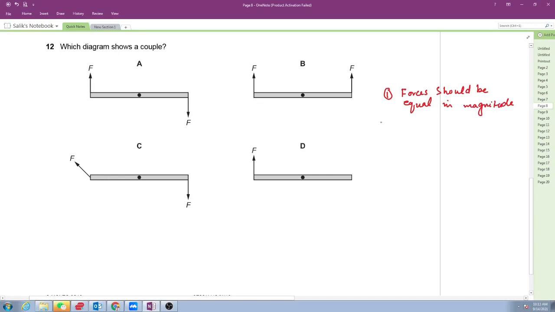The second condition is that they are opposite in direction. And the third one is that they are a perpendicular distance apart from each other. Now we are going to check which diagram fulfills these three conditions.